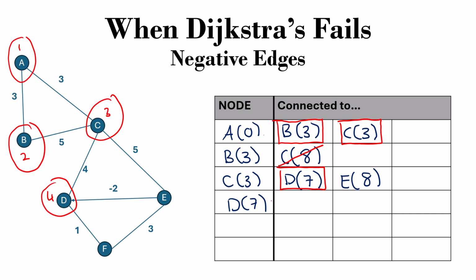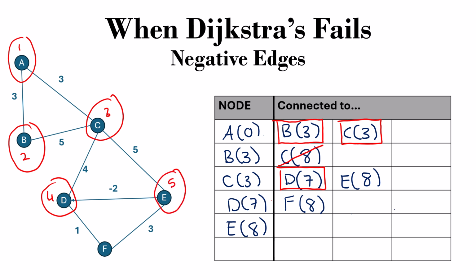We can't connect D to E because the arrow is showing us going the other way. So the only one that D connects to that isn't already locked in is F, and that gives us an extra 1, which is 8. It doesn't really matter which way we go, so we'll go E, which is 8. So that's node 5.